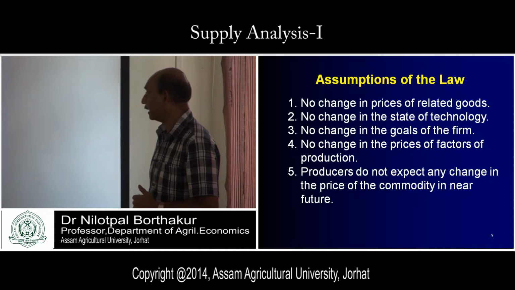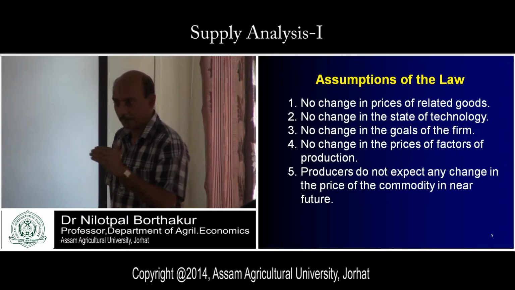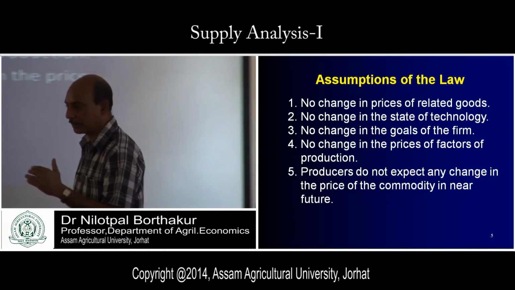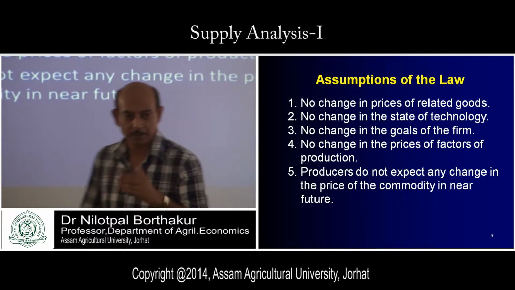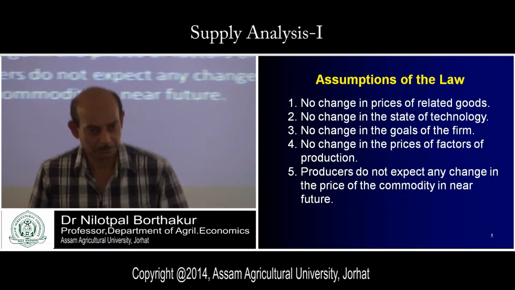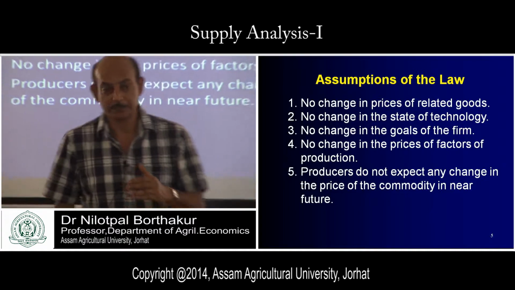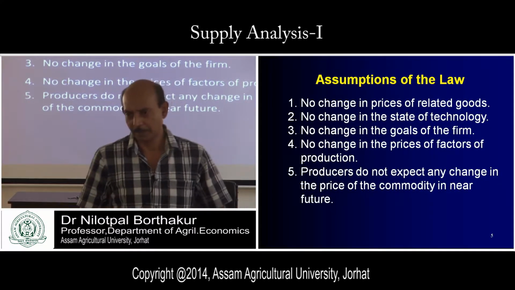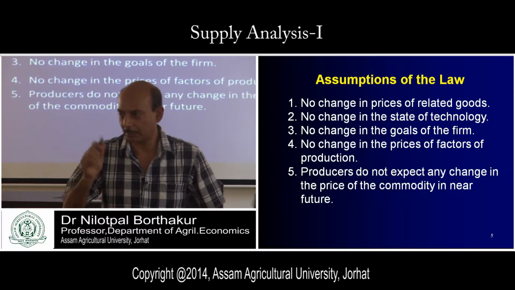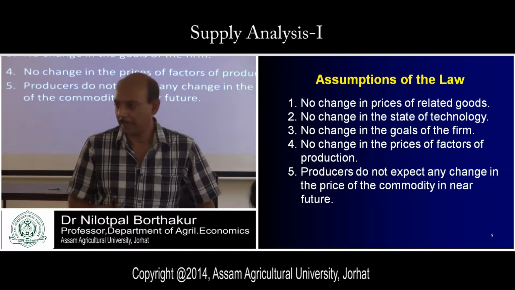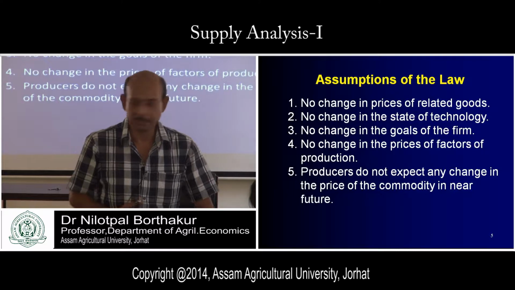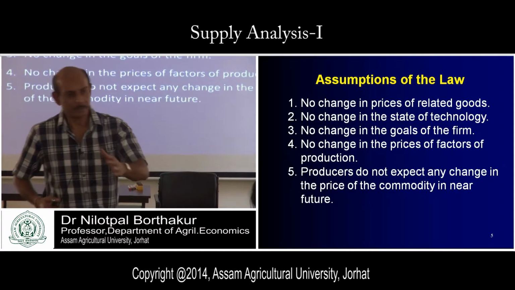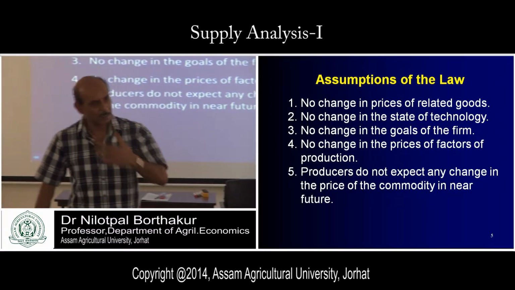There is no change in the goals of the firm. The firms or the sellers should have a constant goal. He should not change the goal in the process of selling the commodity. If his goal is to sell the commodity very quickly and get out of the business, then he will sell his stock at any price.